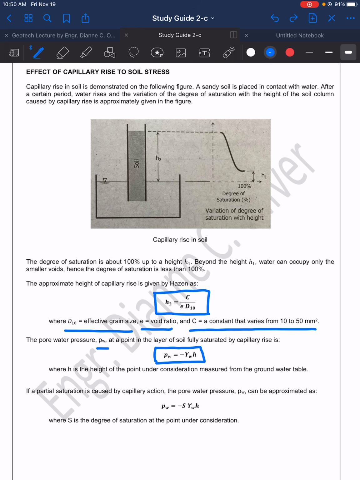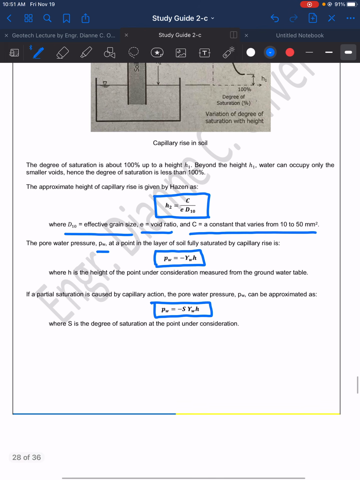Now when it comes to the region of the capillary rise, we have a negative PW. Okay? If partial saturation is caused by capillary action, the pore water pressure PW can be approximated as negative degree of saturation times gamma of water times the height of the capillary zone, where S is the degree of saturation at the point under consideration.